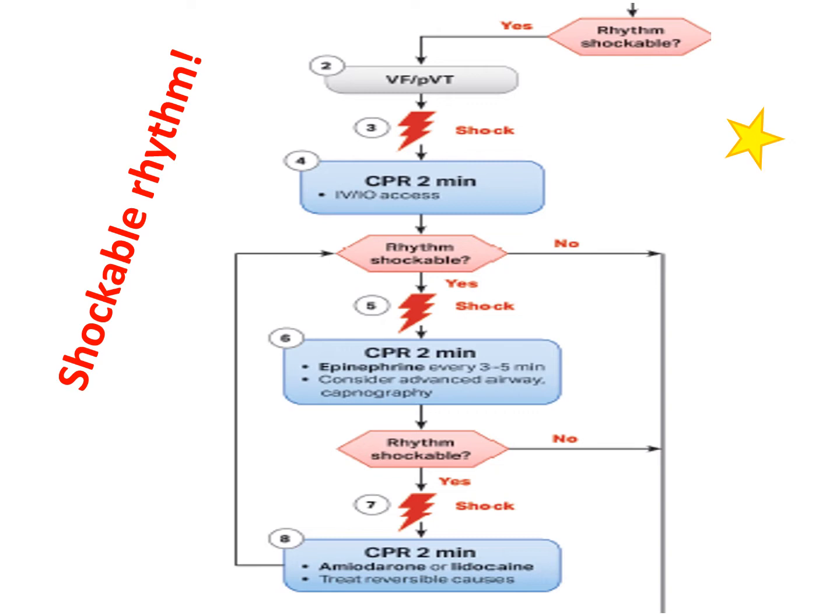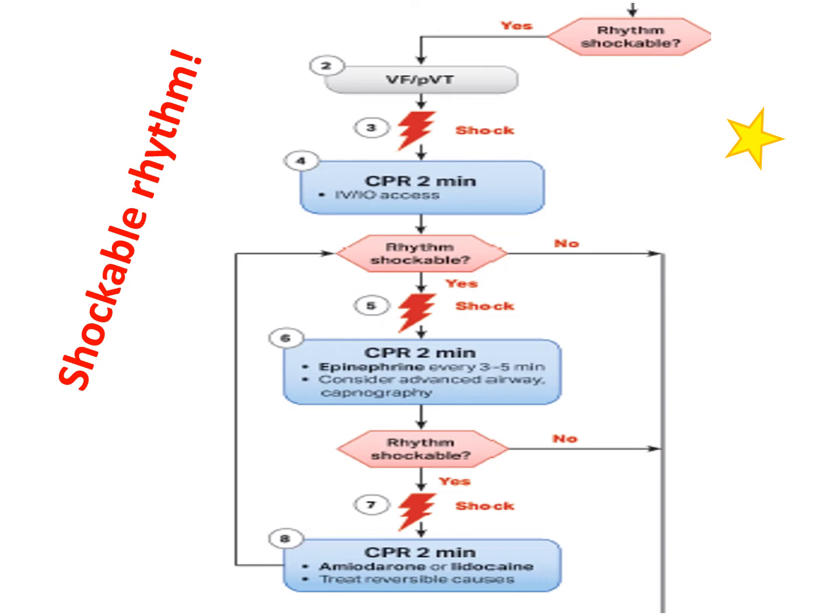After you have given the first shock, concentrate on high quality CPR. During the first 2 minutes of chest compression, you may insert IV access and you may take bloods.